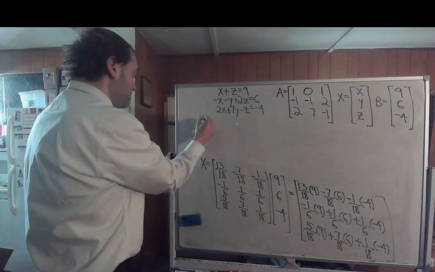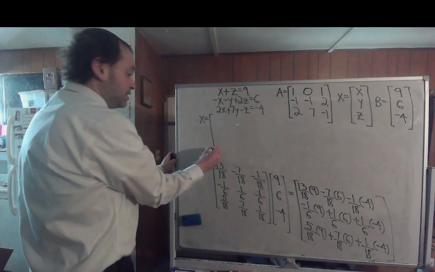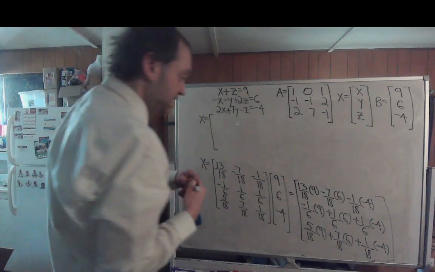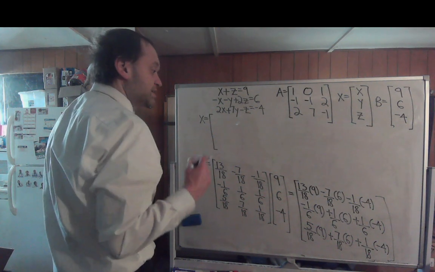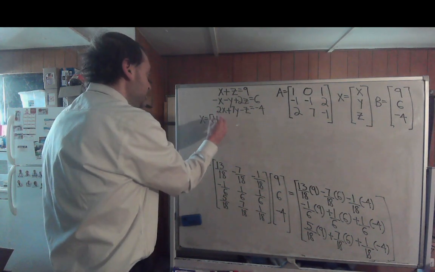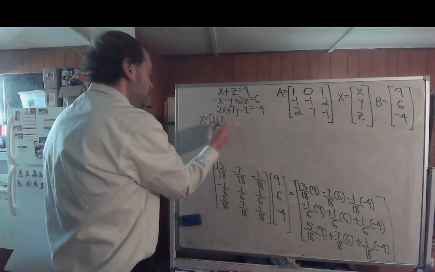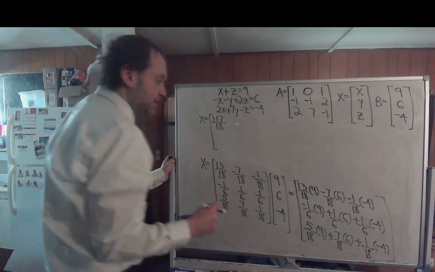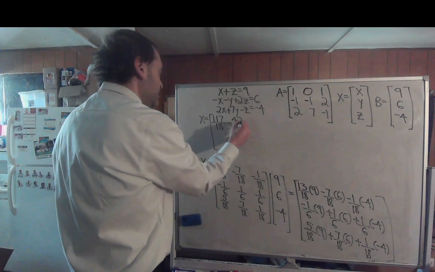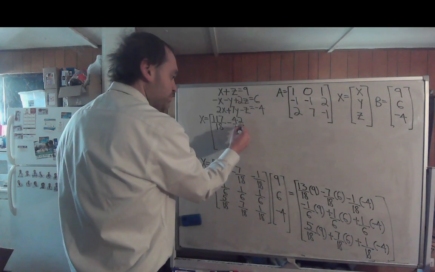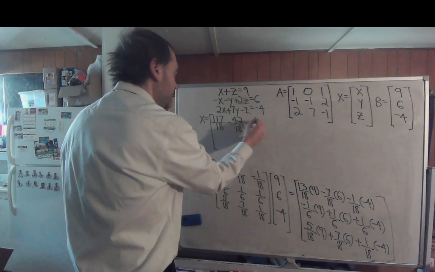So let's see here. 13 times 9, so 108 plus 9 is 117/18. I'm going to leave the denominators the same just for a minute. So that'd be then minus 42/18 plus 4/18.